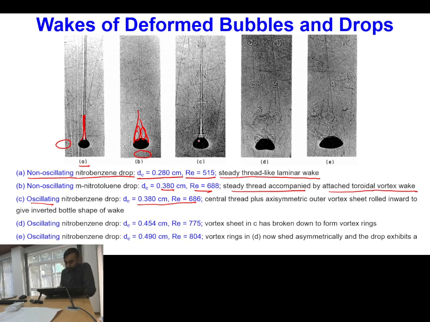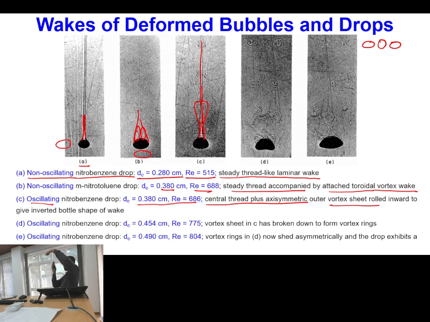So oscillating drop means, what I told you earlier also in the oscillating regime, that say now the shape is like this, then after some time the shape may be like this, then after some time again like this. So we will have so many oscillations in the shape of the fluid particle. Okay, so here when these oscillations are there, we have a central thread. So this is nothing but a central thread, and then outside this central thread we have a vortex sheet roll.